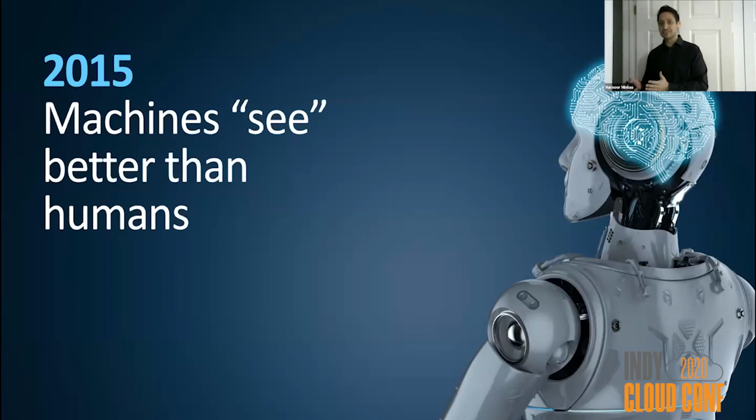By 2015, the accuracy increased from 71.8% to 97.3%. The best human whose full-time job is to catalog images has an accuracy of 94.9%. So this also promoted researchers to make models which could identify data more accurately.